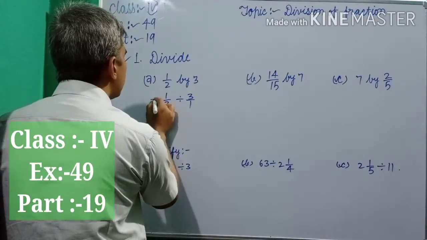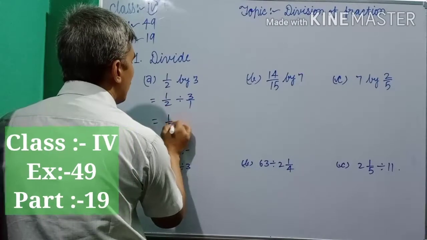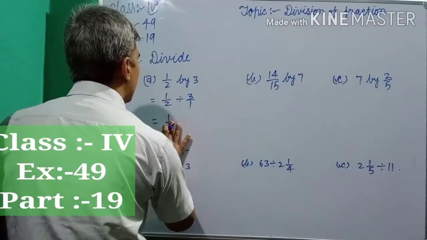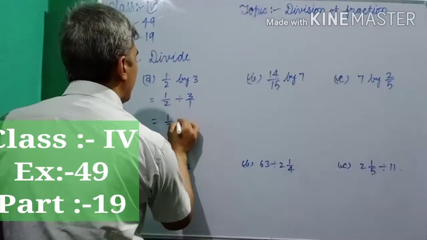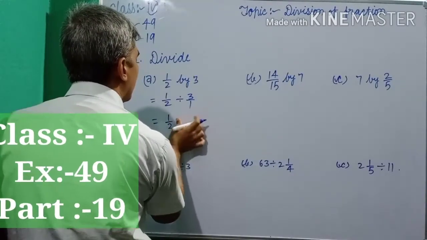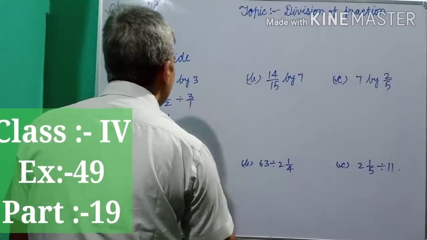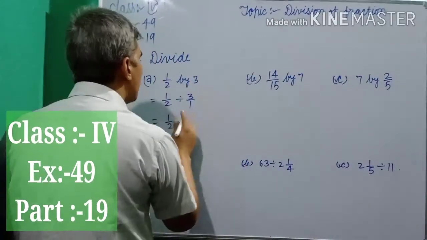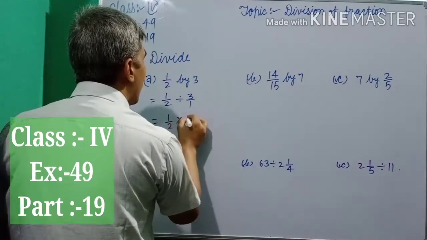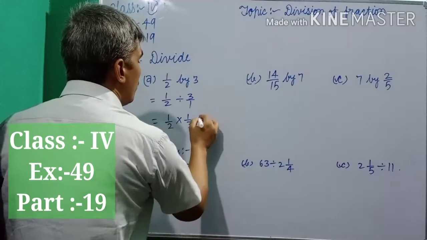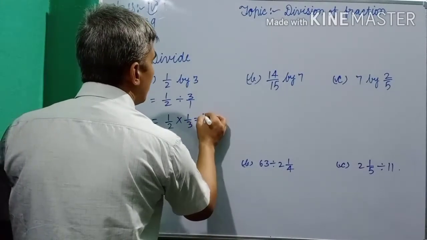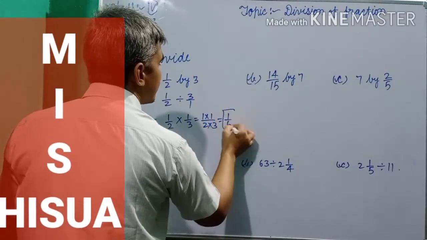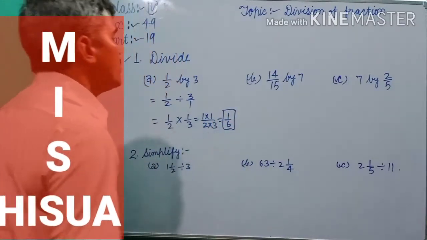Now 1 by 2, the first fraction, stays constant, and the second term becomes the reciprocal of the given number, and here we multiply, 1 by 3. Now you know that 1 multiplied by 1, and 2 multiplied by 3, that means 1 by 6. This is the answer to this question.